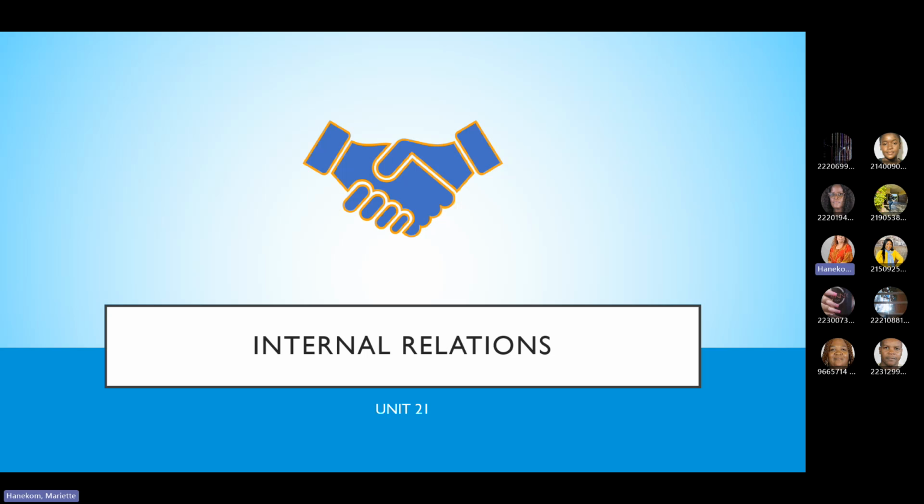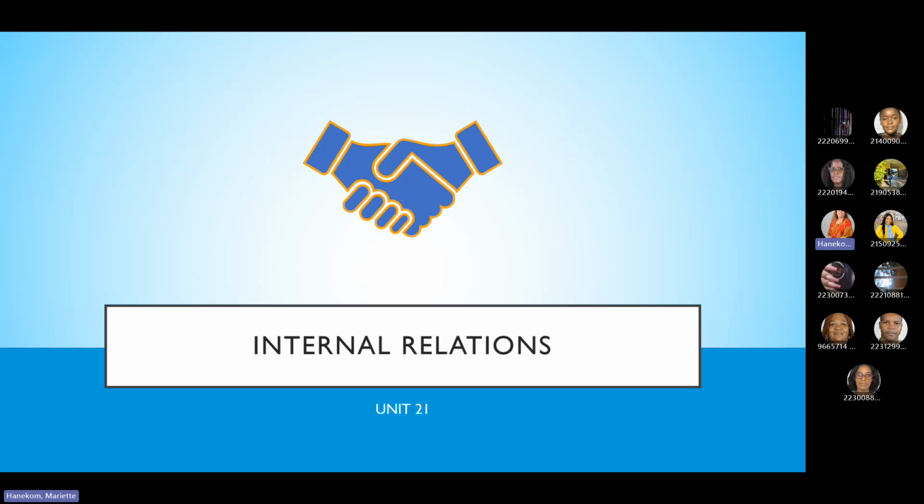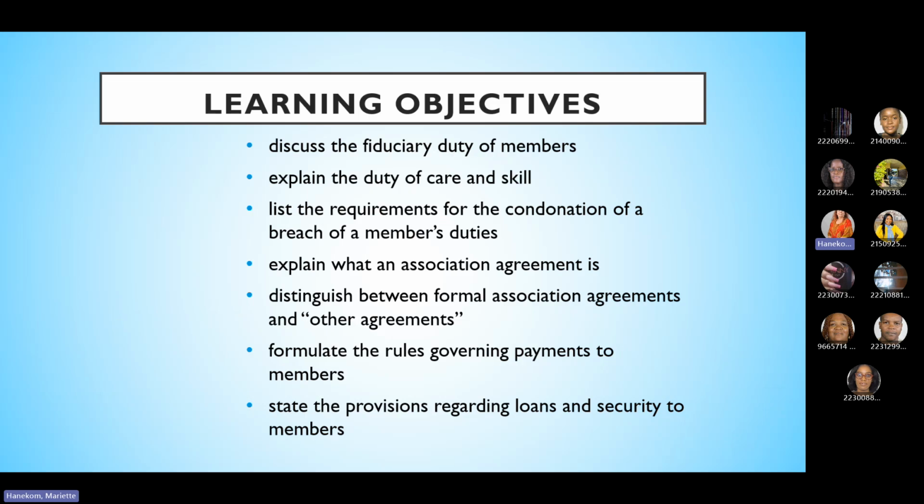Next week then we look at external relations. Essentially, when are close corporations bound to contracts entered into on its behalf, as well as certain instances of personal liability of members. But focusing today on internal relations. How are things structured inside a close corporation?